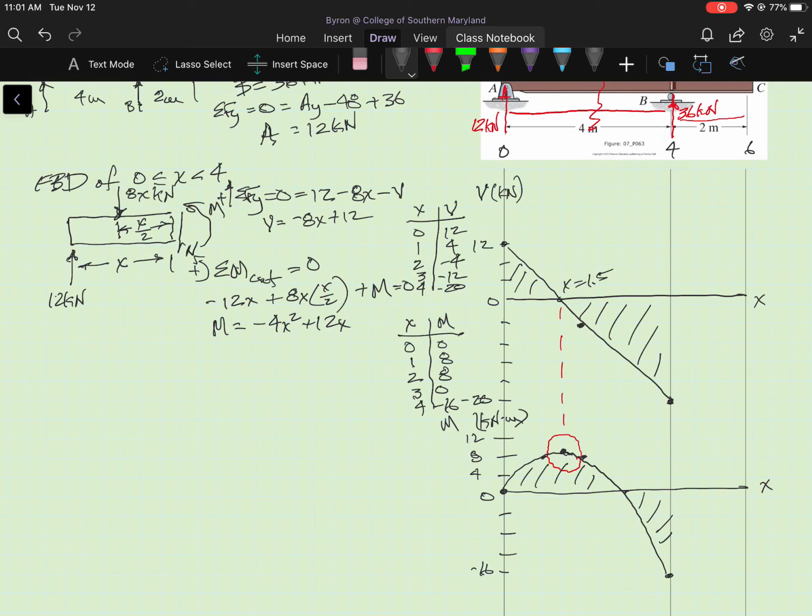So I'll draw a free body diagram of the beam between 4 and 6 meters.